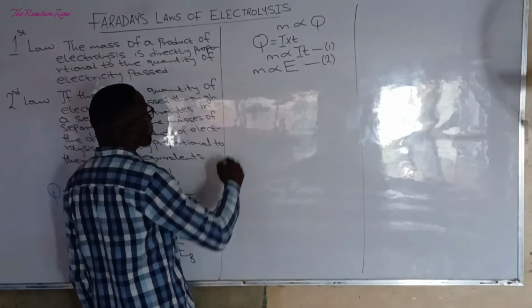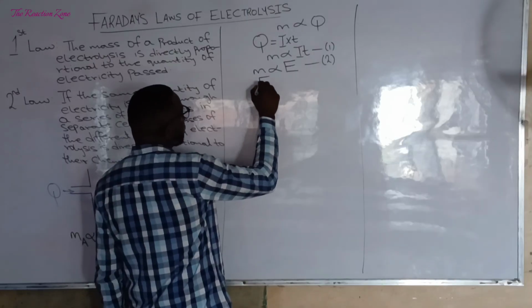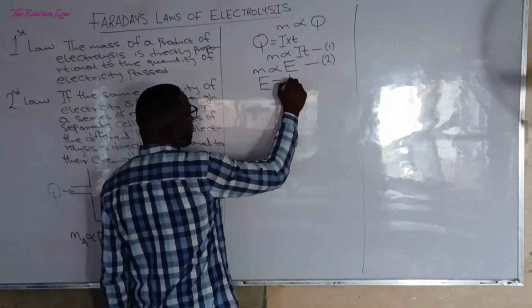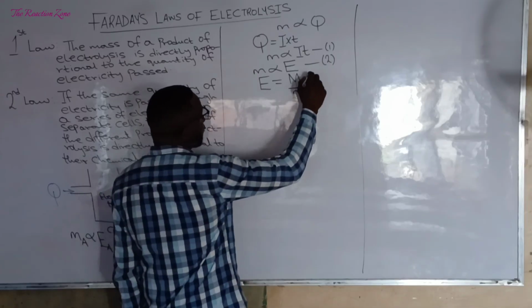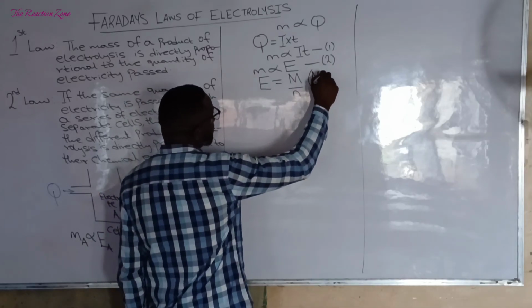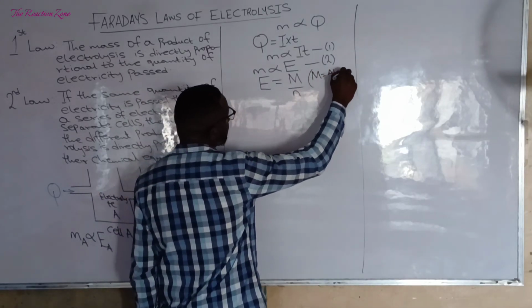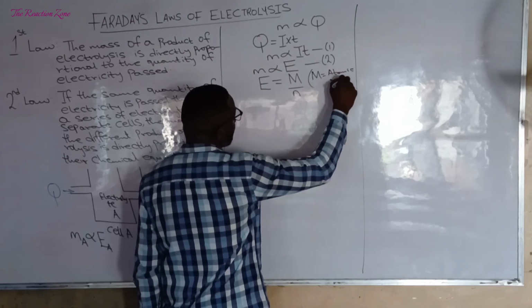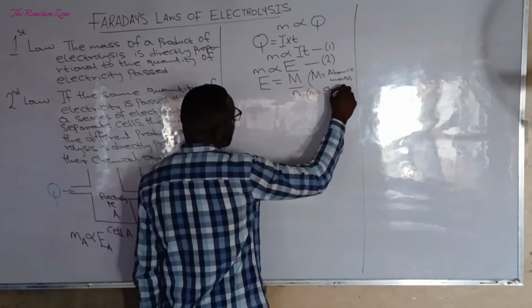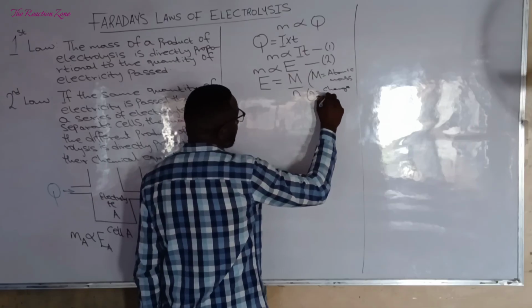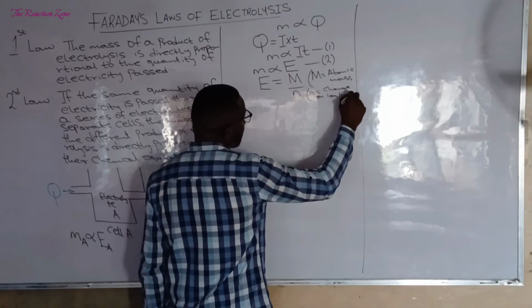It's also important to know that E, which is chemical equivalent, is equal to capital M over N. Now, capital M here represents atomic mass, whereas N here represents the charge on the atom, or the valence.